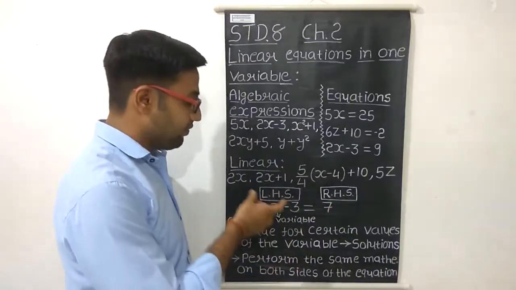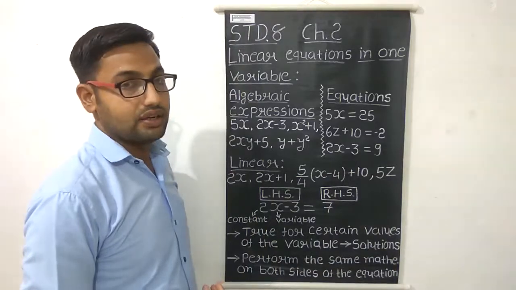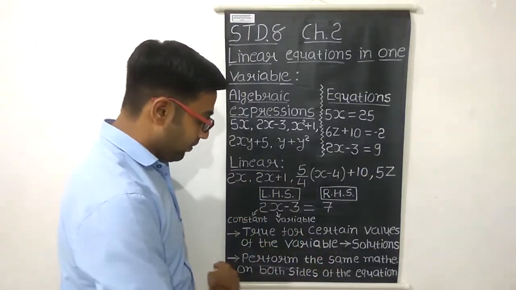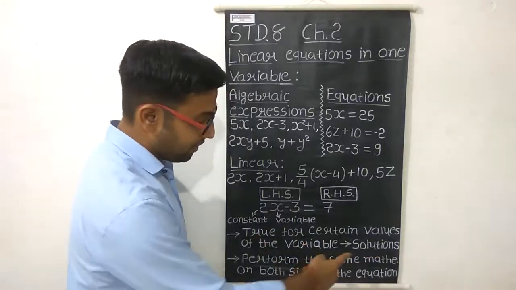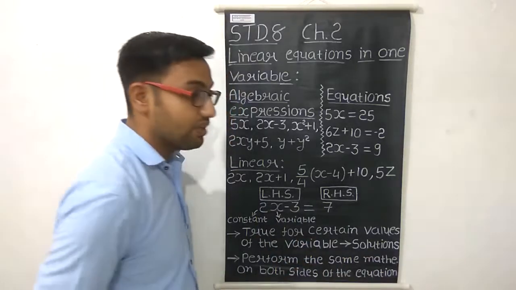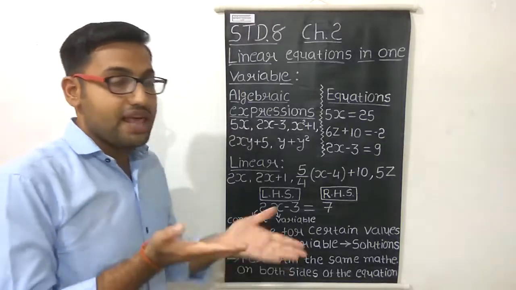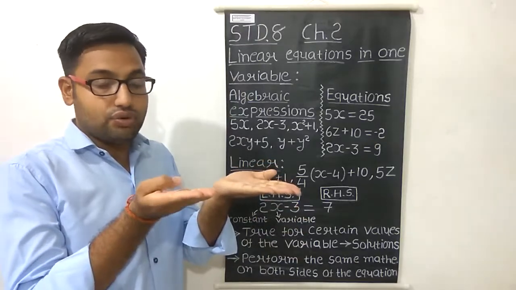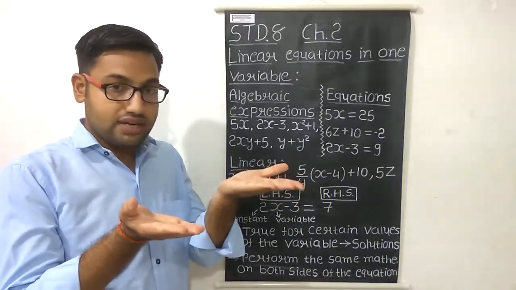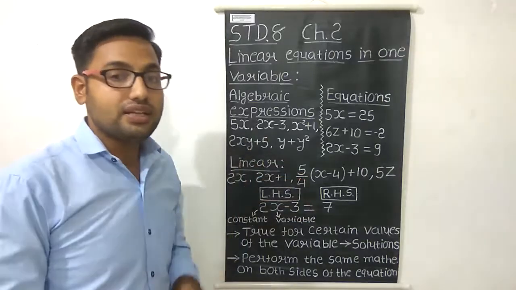If we subtract some value from the left hand side, we have to subtract the same value from the right hand side. That is called performing the same mathematical process on both sides of the equation. Why do that? Because we have to balance the equation, right? If we add some weight to the right hand side, we have to add some weight to the left hand side so that the balance remains the same.